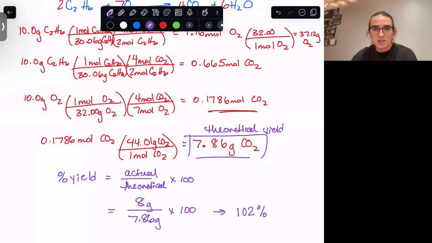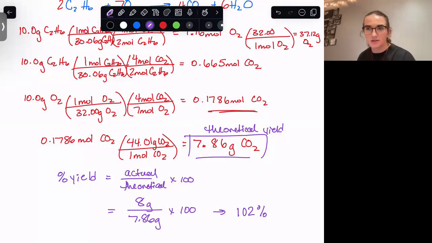So a question did come in. Usually the actual yield is going to be smaller than your theoretical yield. I just made up numbers, so I didn't know what to expect. But sometimes you do get over 100% yield. This could be due to imperfections. Sometimes you have to dry something, it's not fully dry, so it weighs heavier than it's supposed to.